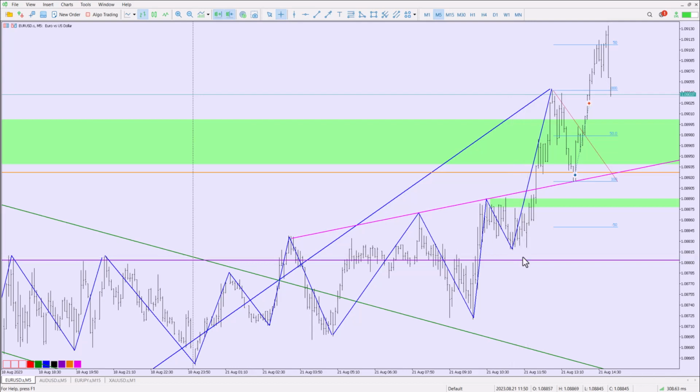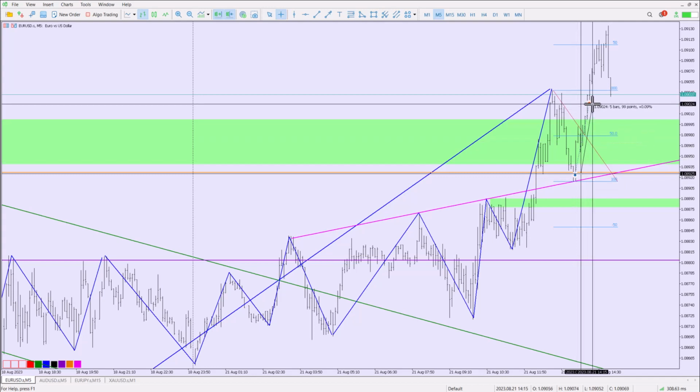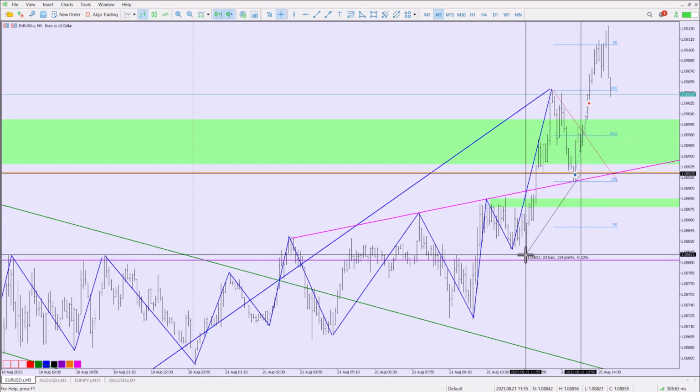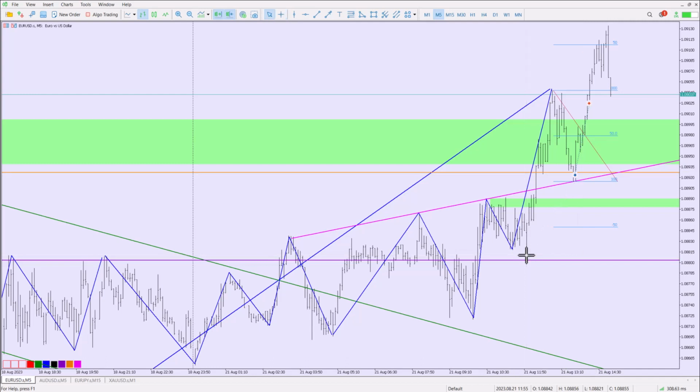If you remember, I put my stop loss a little bit lower than this low here. So I had like 10 pips target, and I had like 11.5 pips of stop loss. So it was less than 1-to-1 ratio, but still it hit the target.